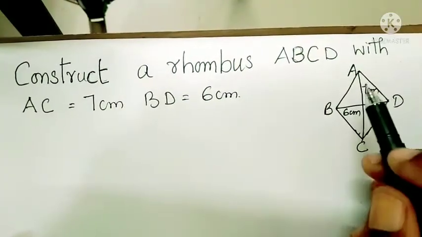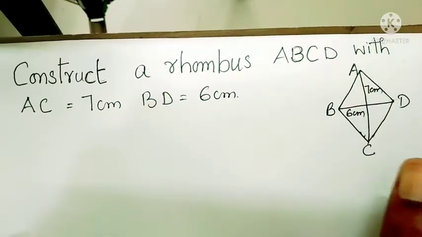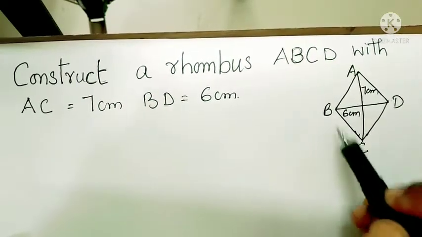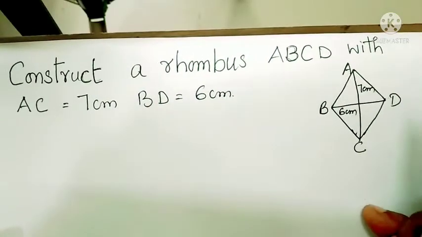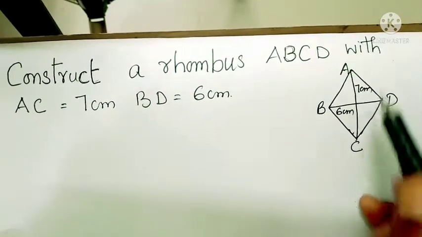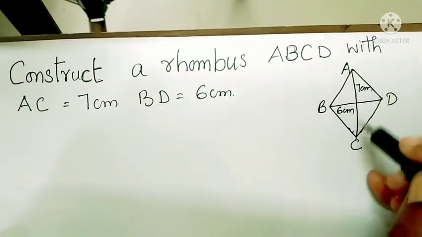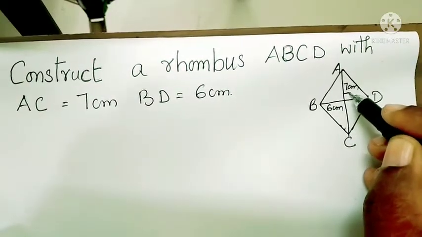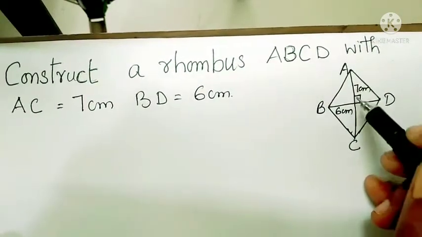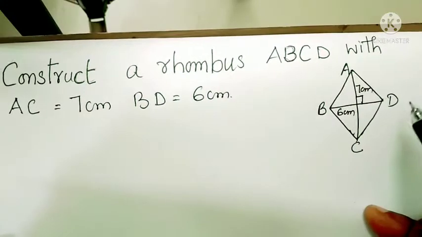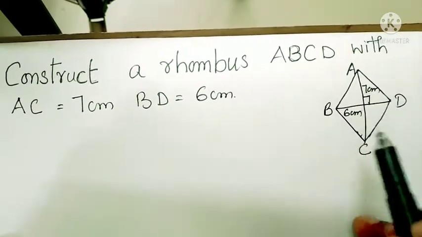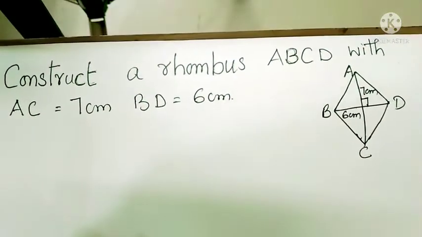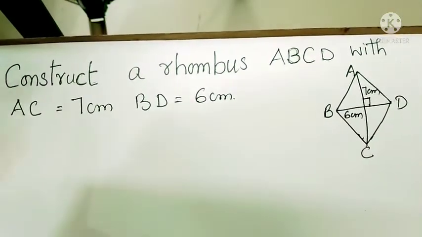You know that the sides are equal, but we don't know the sides. If you know one side, you can find all sides, but we don't have any information regarding the sides. But we know that in a rhombus the diagonals bisect perpendicularly, meaning all these angles are 90 degree. So if you draw any one diagonal and draw its perpendicular bisector, you will get the rhombus.